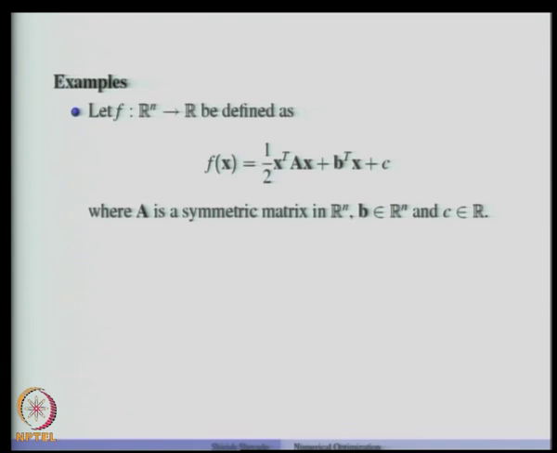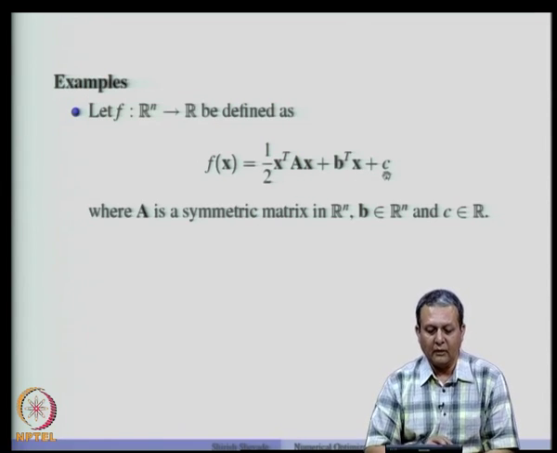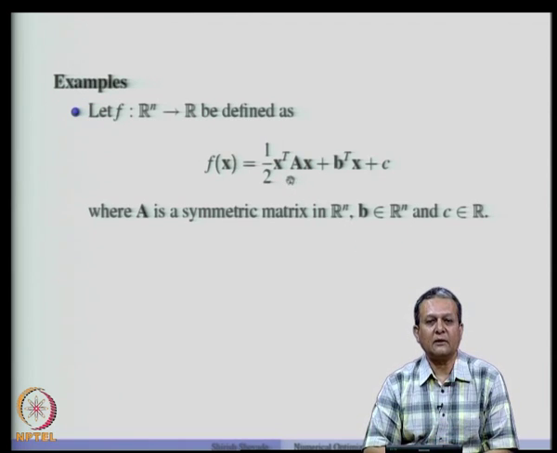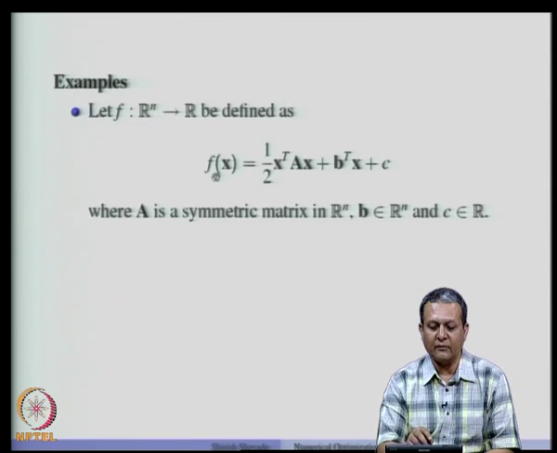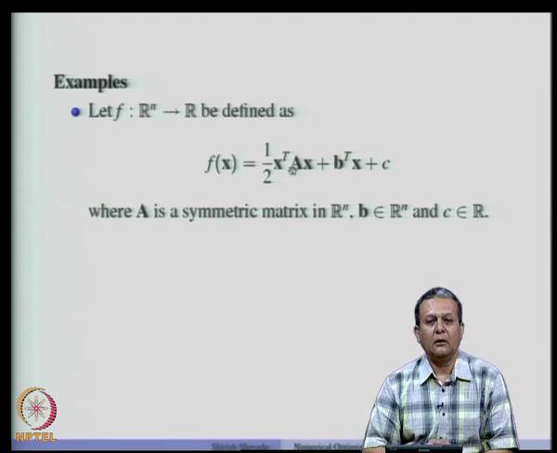Now, let us see some examples of convex functions. So, let us take a function f defined from Rn to R as f(x) is equal to half x transpose A x plus b transpose x plus c, where A is a symmetric matrix in Rn. Now, if we take the Hessian of this function, the Hessian is the matrix A. Now, by our theorem, we have that f is convex if and only if the Hessian matrix is positive semi-definite.